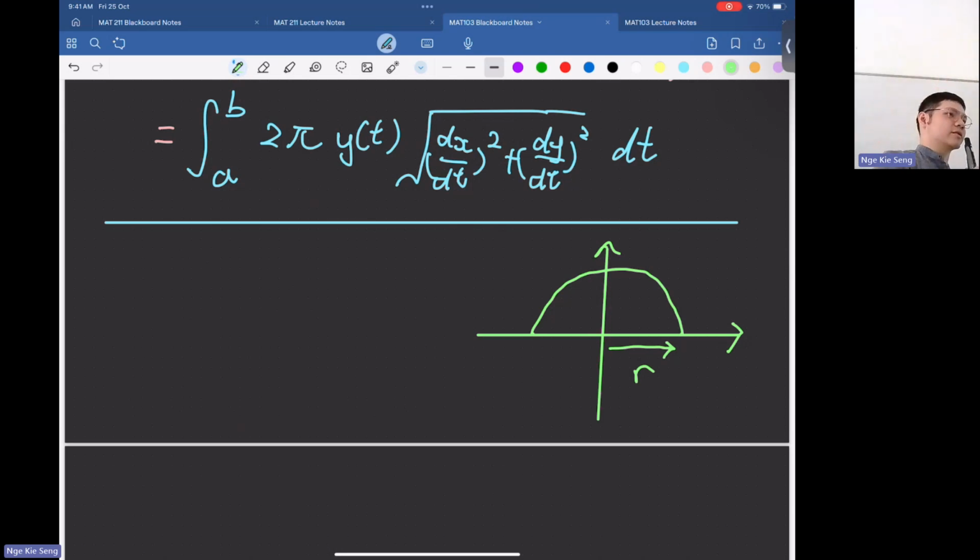A complete shape rotating around the x-axis. What do you get? A ball. Sure, or not quite a ball, it's a sphere. A ball usually fills in the space, but a sphere doesn't fill in the space. So this is the difference. We get a sphere.